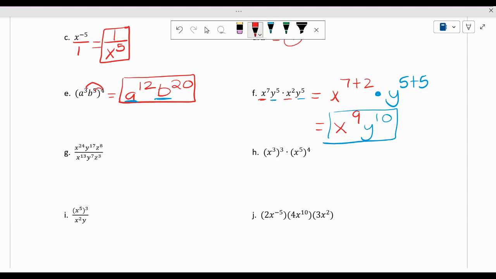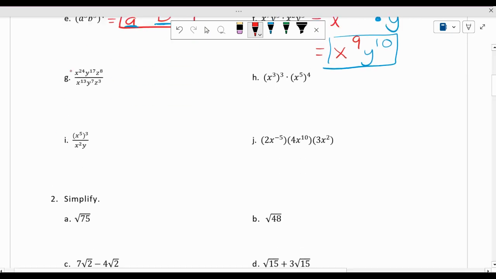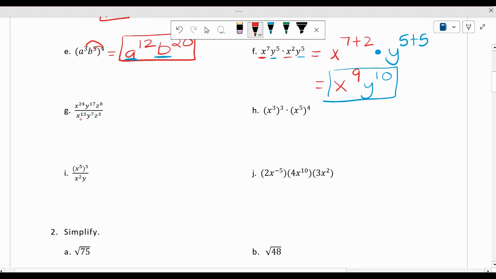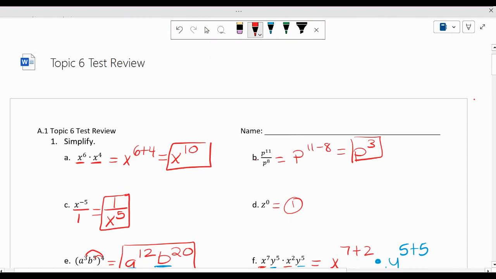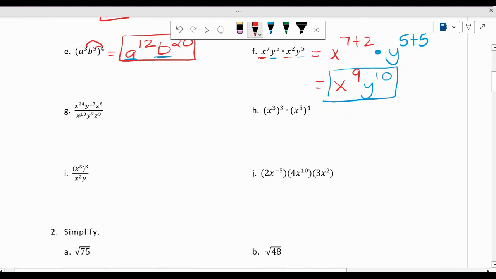Moving on down, G. Again, this is a division problem, so it looks exactly like letter B. When we divide, we are to subtract the exponents. So x to the 24th over x to the 13th, that is going to become x to the 11th.